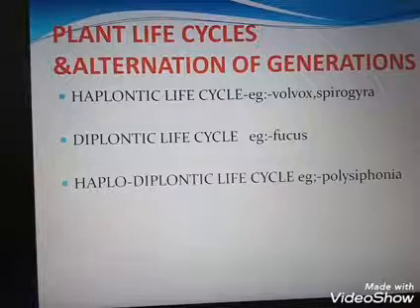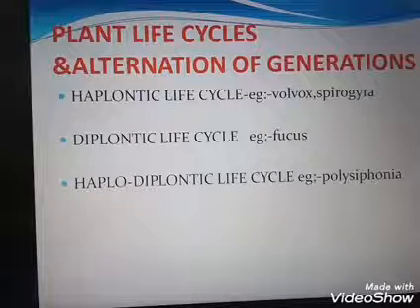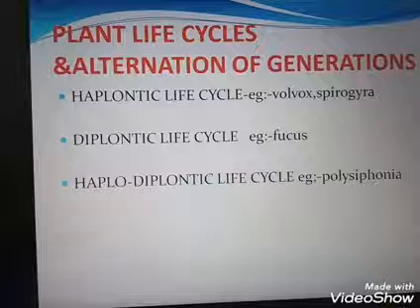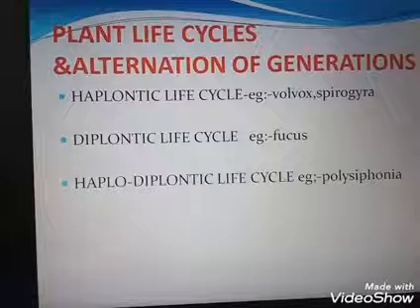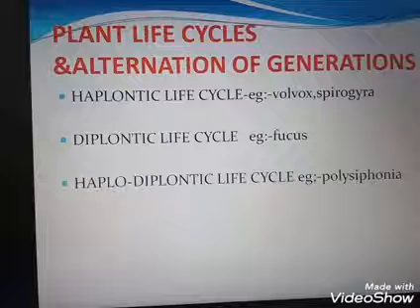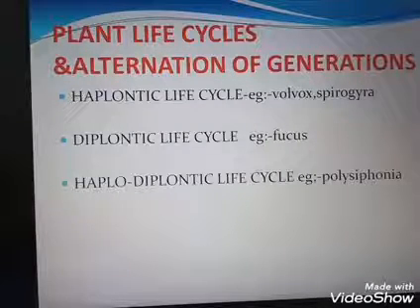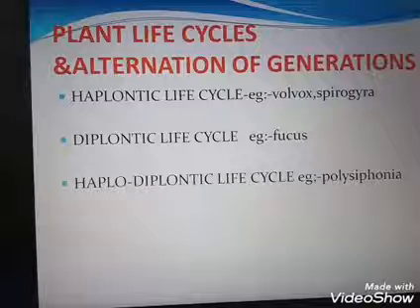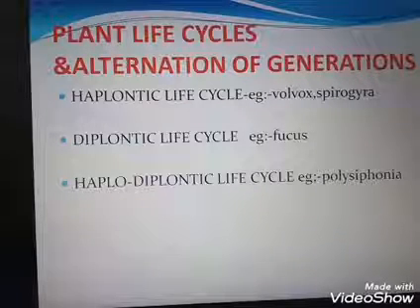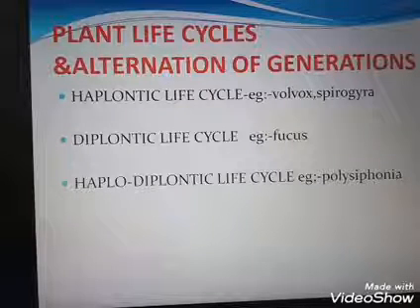That is very important. Haplontic life cycle means the dominant phase of the life cycle is haploid. Haploid means gametophytic. Volvox, Spirogyra and Chlamydomonas are examples. Diplontic life cycle means the dominant phase is diploid, that means sporophytic, and the haploid stage is restricted only to the gametes, exhibited by the seed-bearing angiosperms and gymnosperms.